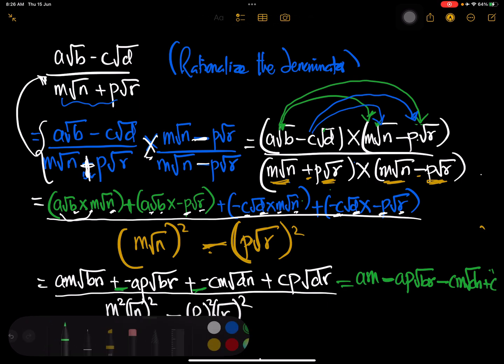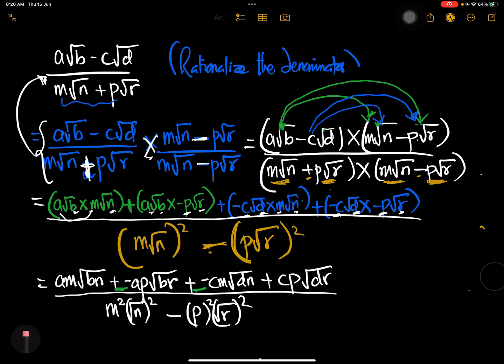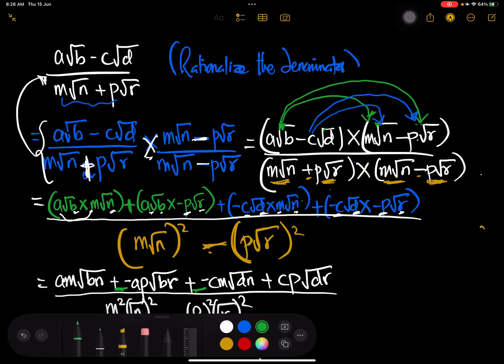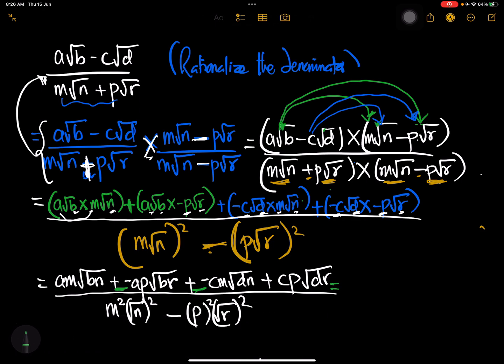So let me write again. I think I'm going overboard. So let me take my time. Be patient with me. So we're going to have am square root of bn minus ap square root of br minus cm square root of dn plus cp square root of dr, and we are going to divide that.